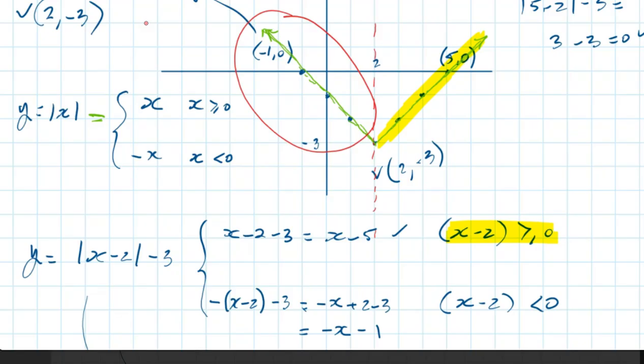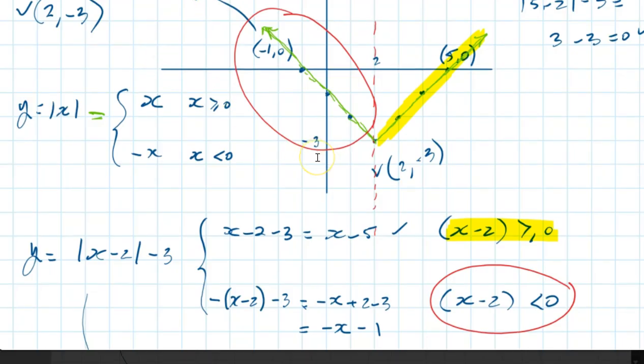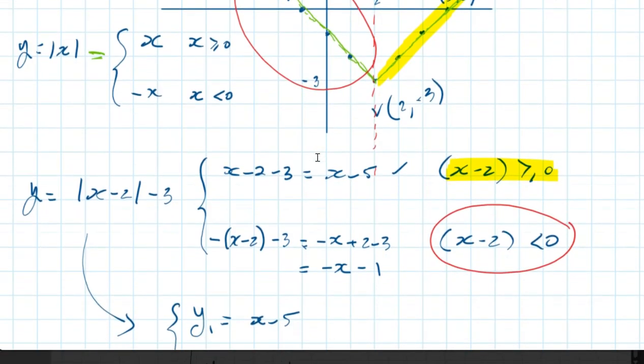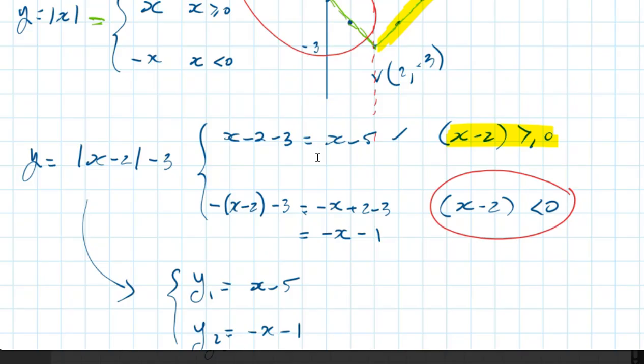So you can see that each is represented by its function, along with the restriction I just gave you. The second one is the red function, and the first one is the positive function. So those are the pieces, or they call them the piecewise function of that absolute value.